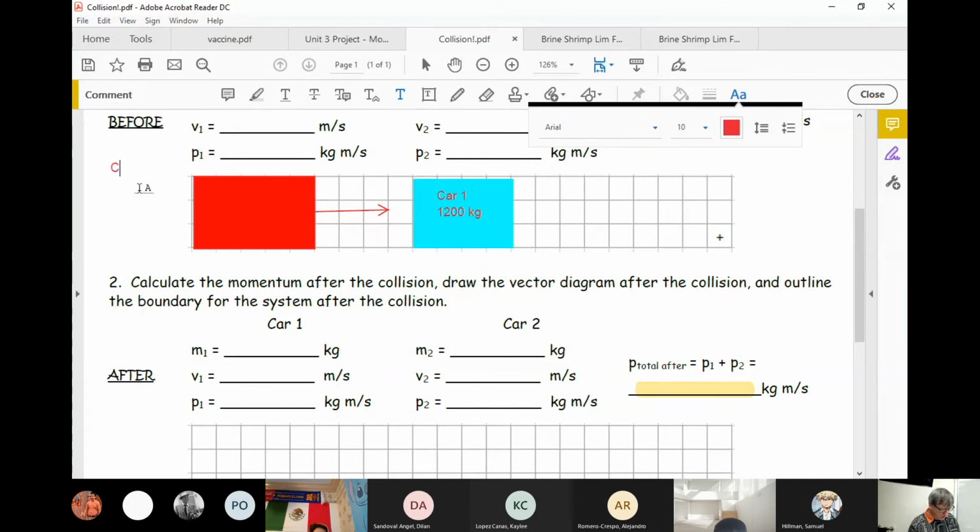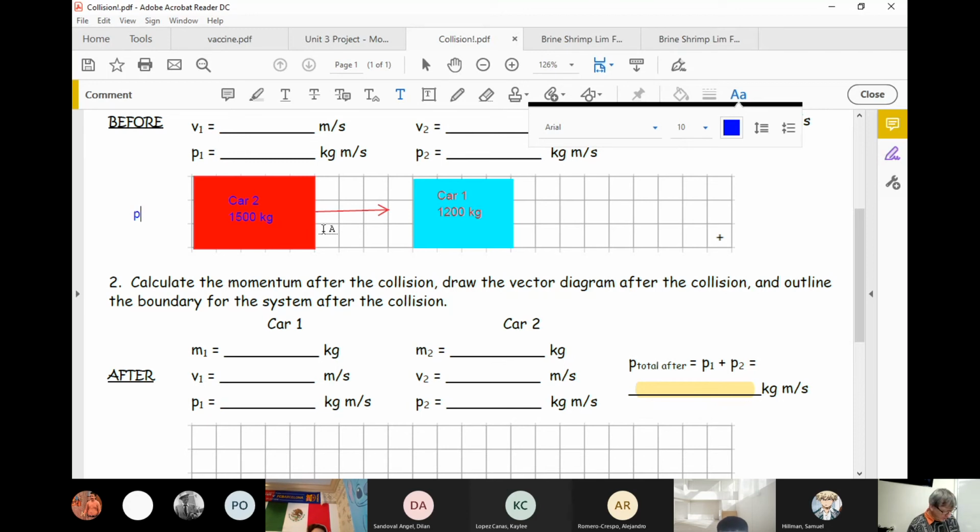Meanwhile, I need to do car 2, and it was 1500 kg. And I don't think that red on red is going to work very well, so I'm going to change that to blue on red. Then I need to label the momentum of each car individually.